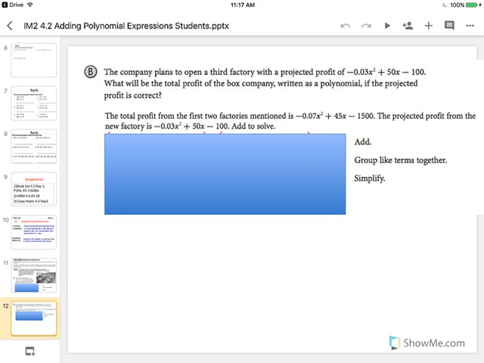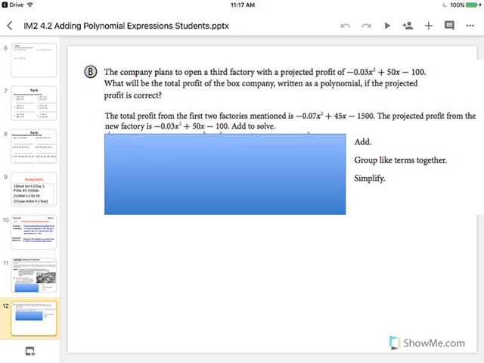Example B: a company plans to open a third factory with a projected profit of negative 0.3x squared plus 50x minus 100. What will the total profit of the box company be, written as a polynomial, if the projected profit is correct? The total profit for the first two factories is negative 0.7x squared plus 45x minus 1,500. The projected profit from the new factory is negative 0.3x squared plus 50x minus 100.